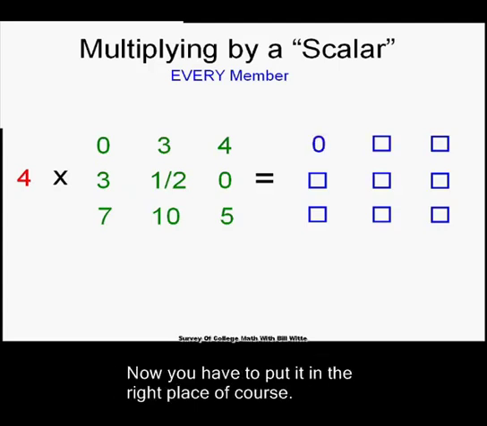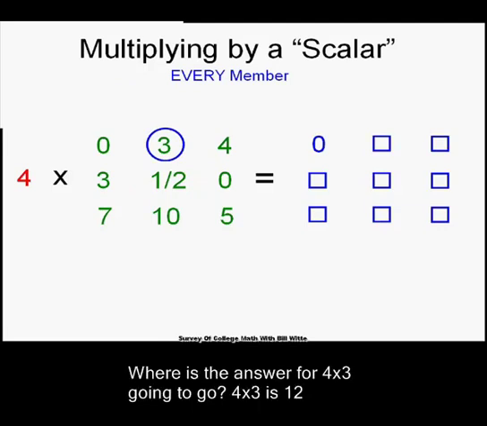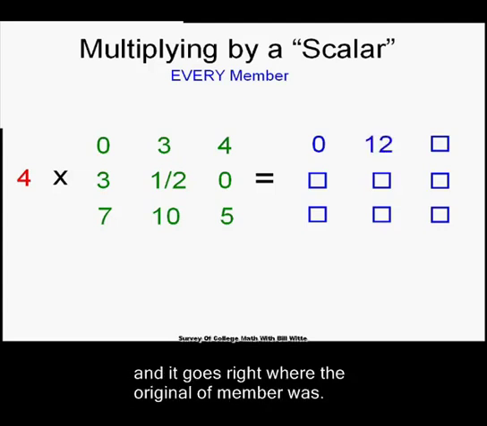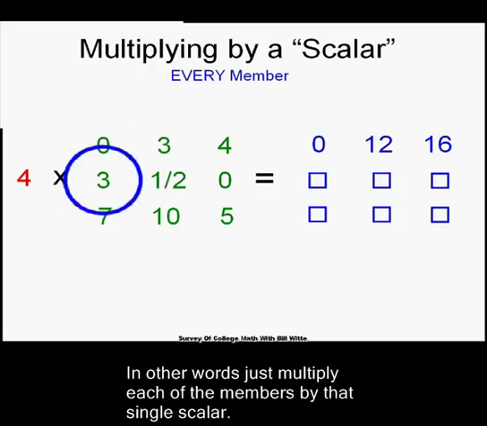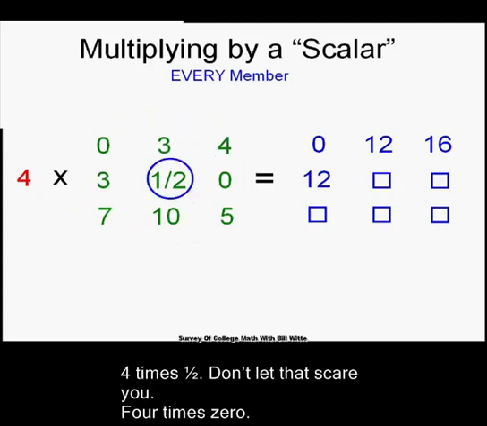Now you've got to put it in the right place, of course. Where's the answer for 4 times 3 going to go? 4 times 3 is 12. It goes right where the original member was. 4 times 4 in this case will be in the top right, and I get 16. Very simple, isn't it? In other words, just multiply each of the members by that single scalar.